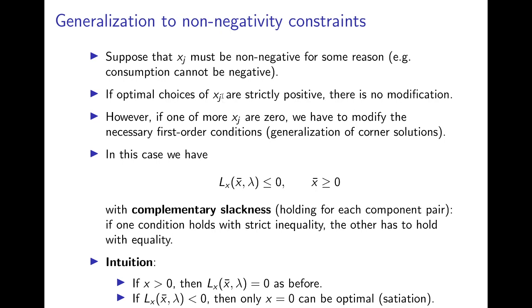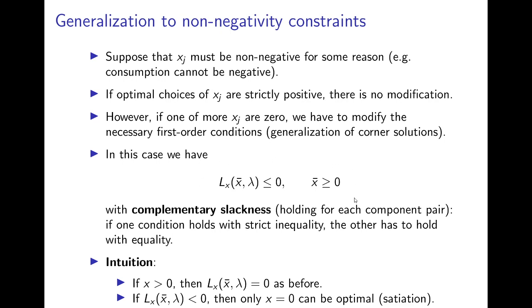But if we dislike a certain good, we might want to consume a negative amount if there is no restriction actually on the choice. But of course, in reality, we cannot consume a negative amount. So what we would do is to choose zero consumption of the good that we dislike. And to allow for these corner solutions, the necessary first order conditions have to be generalized and updated.